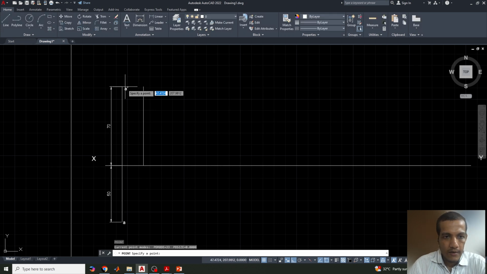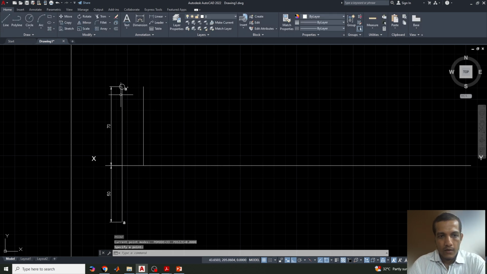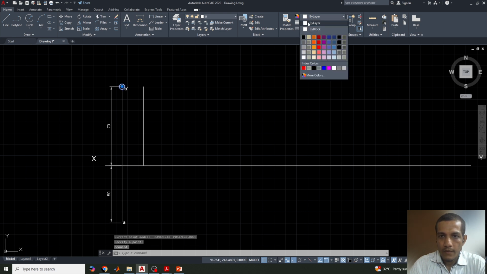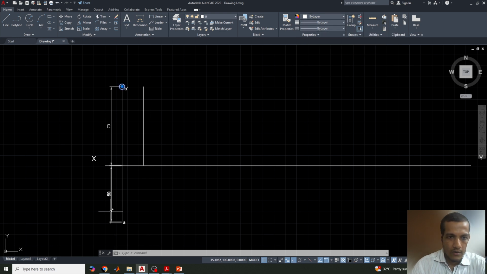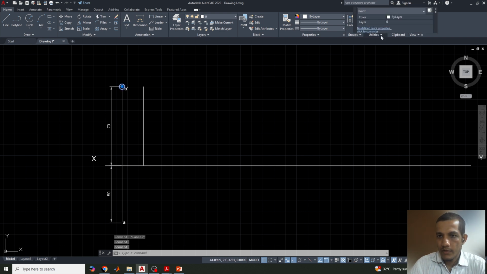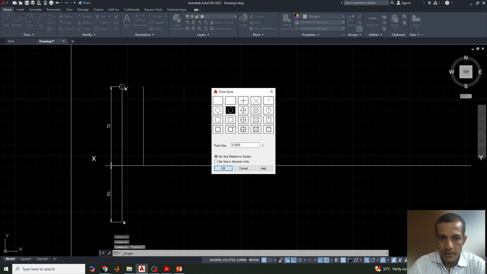PO, enter. Inside location we can give by a different command, or else we can give this point style. We'll select this.